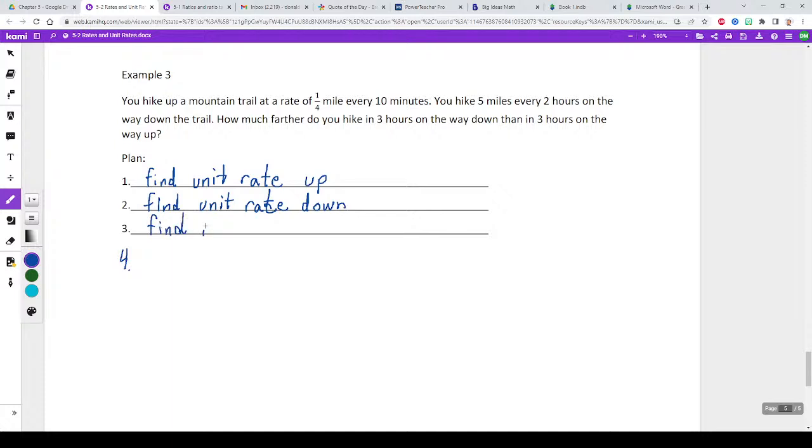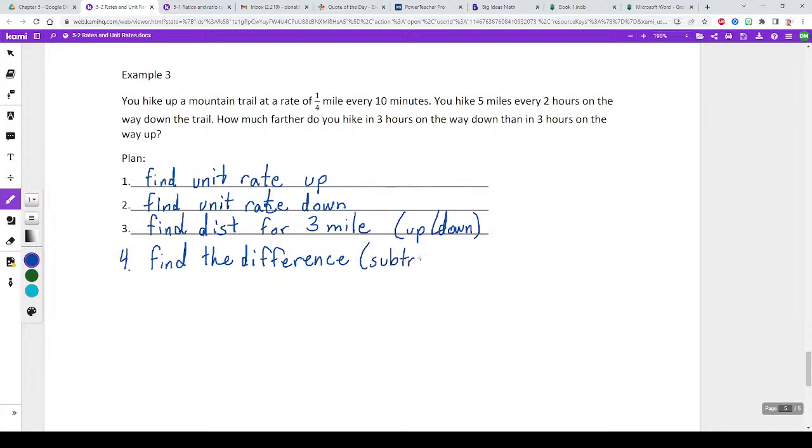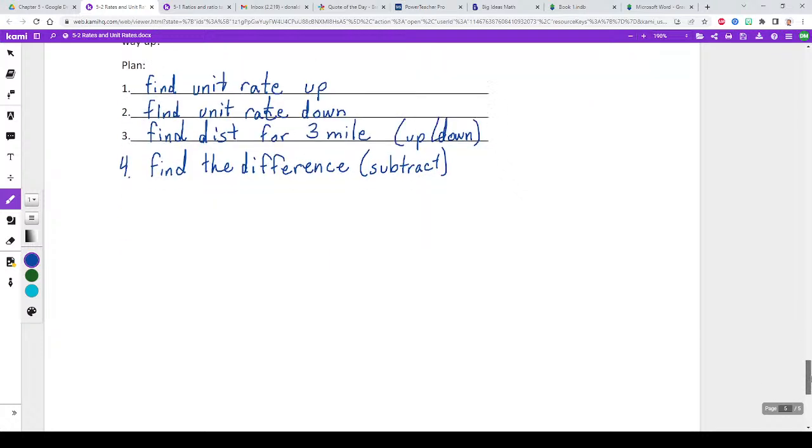Find distance for 3 hours. That's for both up and down. And then find the difference. And when we find a difference, remember that that's a subtraction problem. All right, so our work is cut out for us.